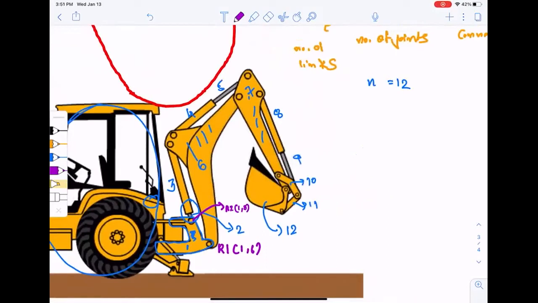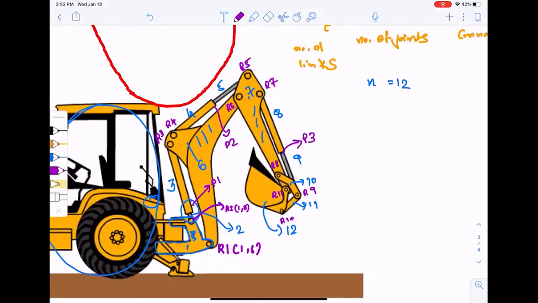Then I'll write it down on the right side. Over here it is R3, R4. Here it is R5, R6, R7. Then over here it is R8, R9, R10, R11. This one is P1, P2, and over here this is P3.